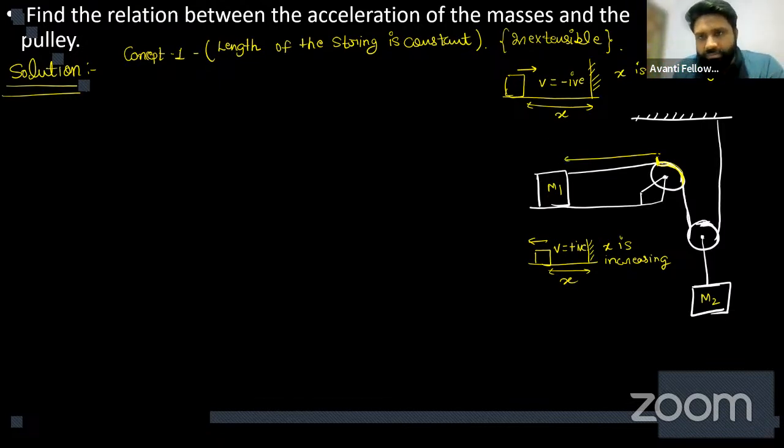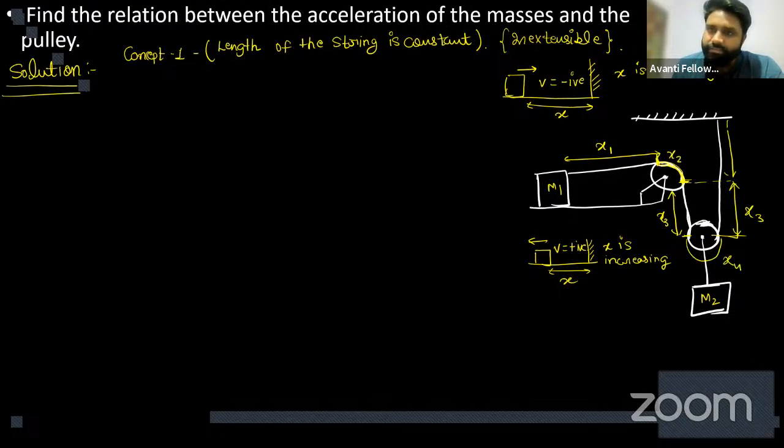Let's say the length of the string here is x1, this length is x2, and from this point to this point the length of the string is x3. The same length will be here, x3, and this length is x4.